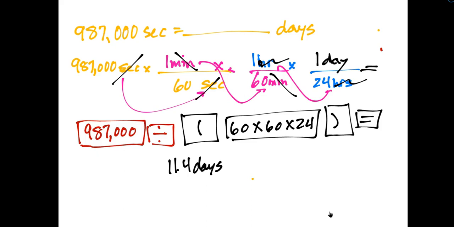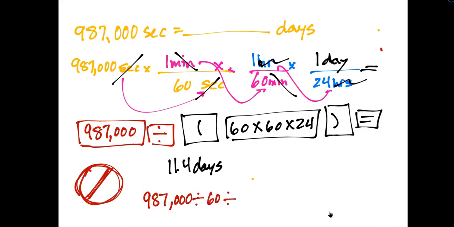Okay, here's where people mess up. Here's the wrong way to do it. So let's make sure we point that out in red. Don't do it this way. It doesn't always work, so you shouldn't do this. 987,000, and then they divide by 60, then divide by 60, then divide by 24.